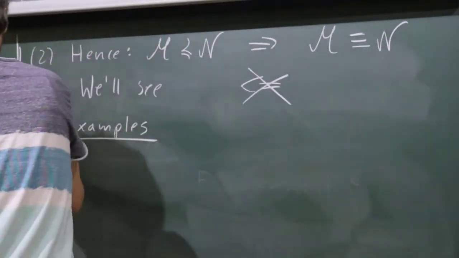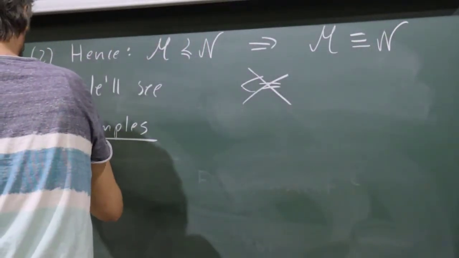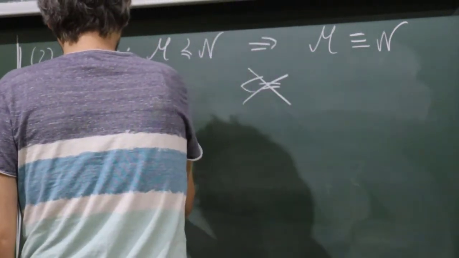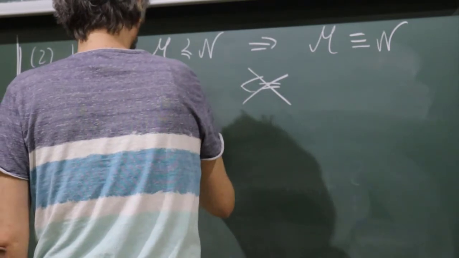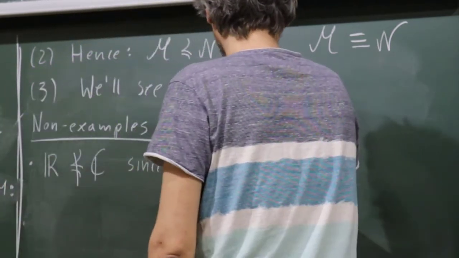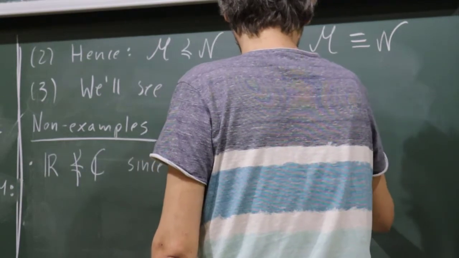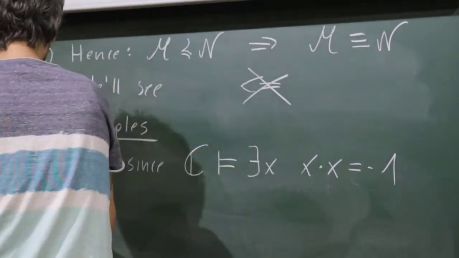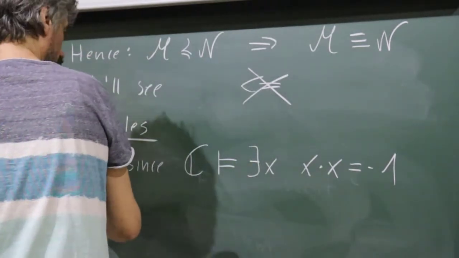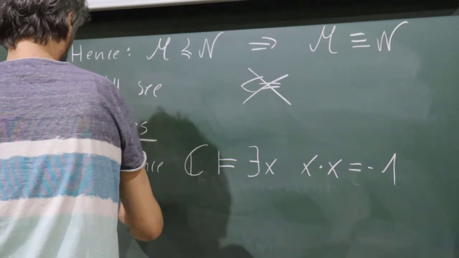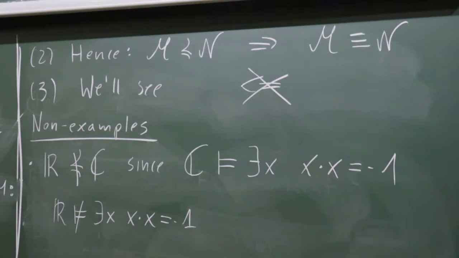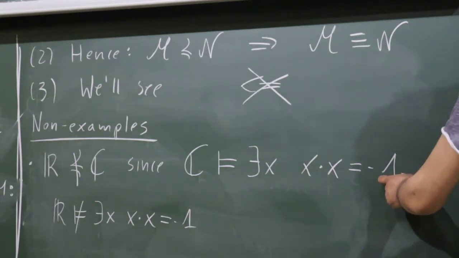For example, R is not elementary in C because yes, here we have square root of -1, here not. Okay, and this seems to be using parameter, but it's not using parameter.